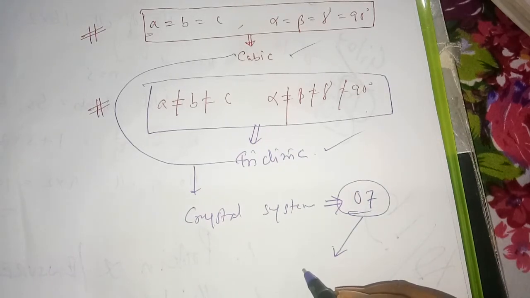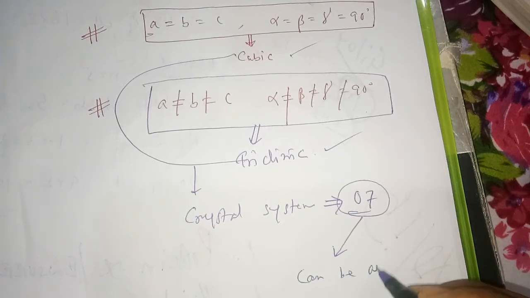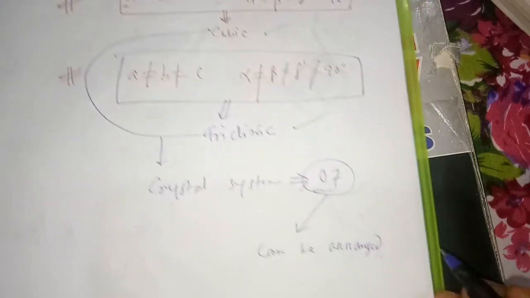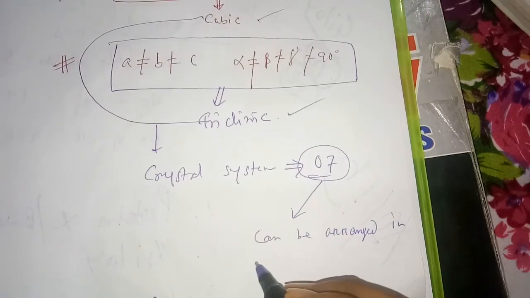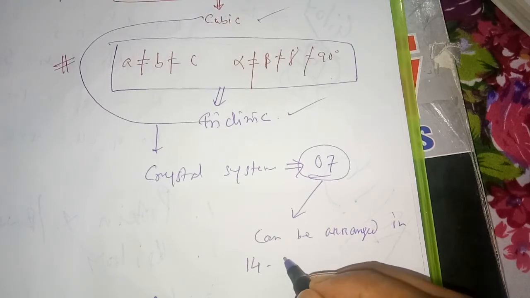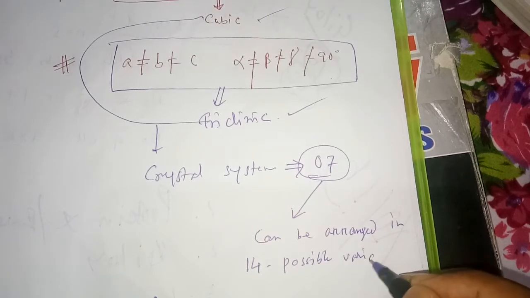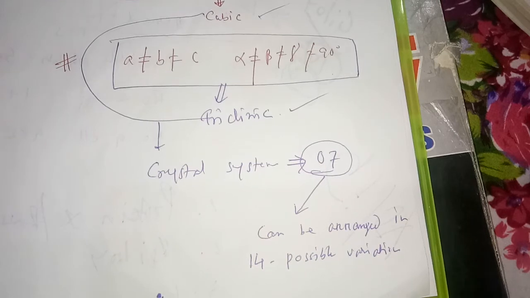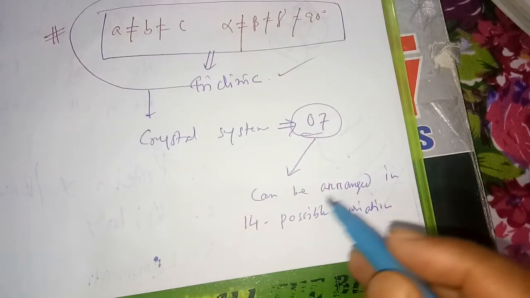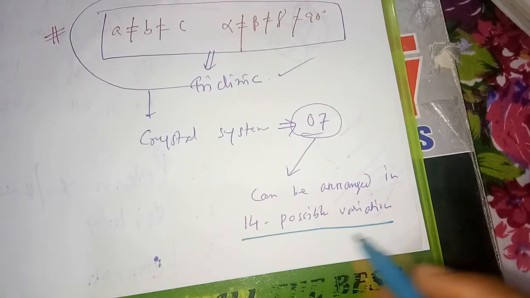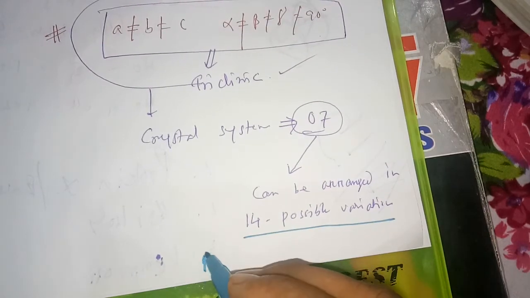So these are 7 types of systems, and these 7 types of systems can be arranged in 14 possible variations. These 14 possible variations are called Bravais lattices.